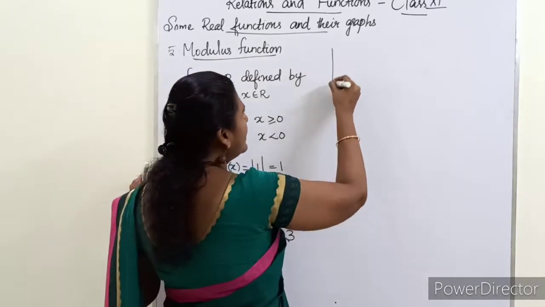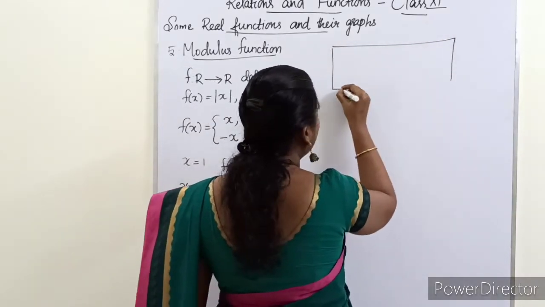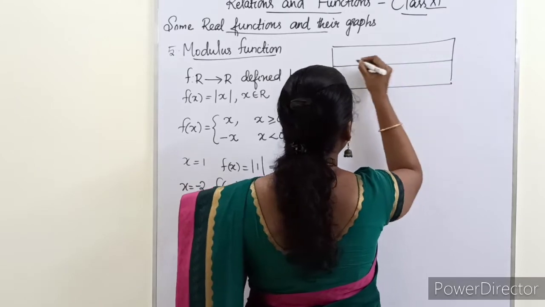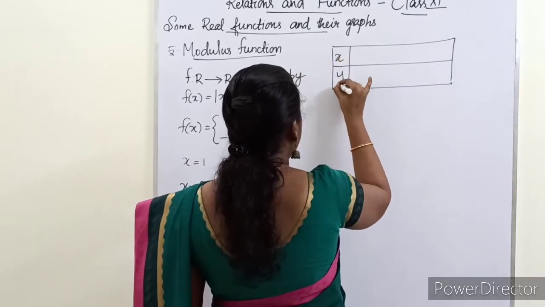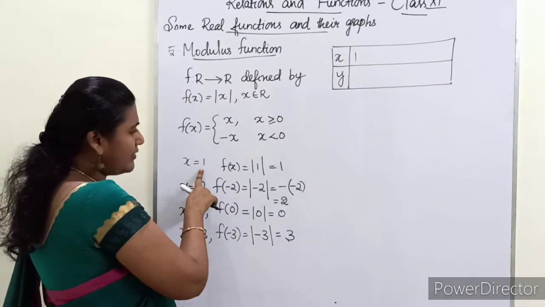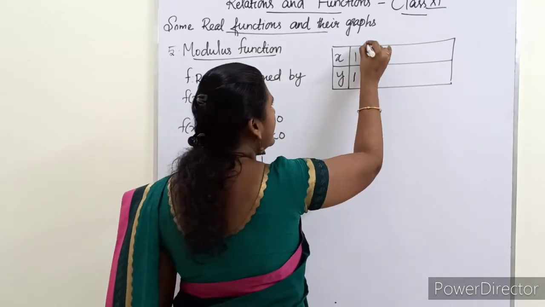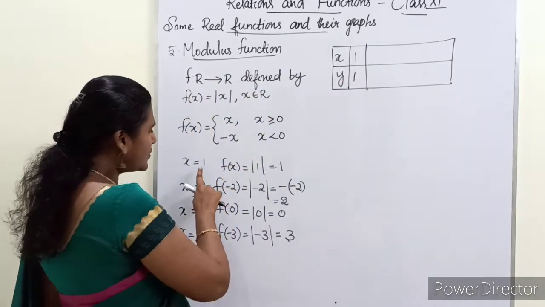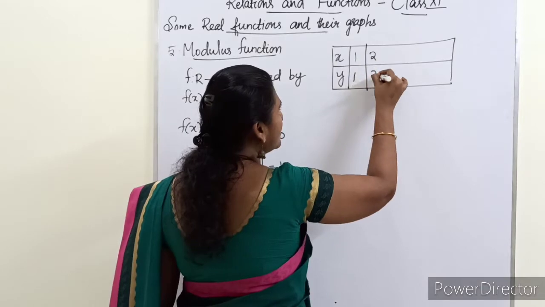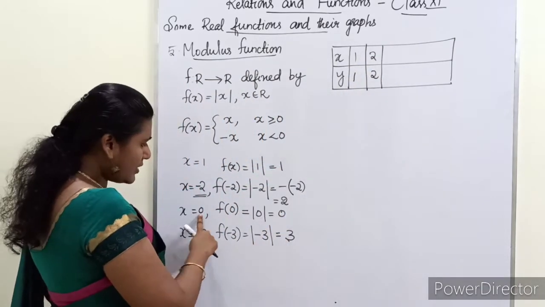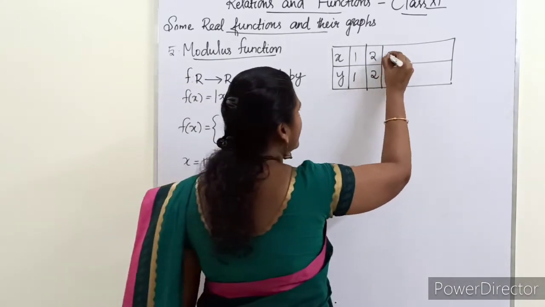So here we got a few points. x, y. If you take x equal to 1, we get y value also 1. If you take x equal to 2, we get y value also 2. If you take x equal to 0, y value is also 0.